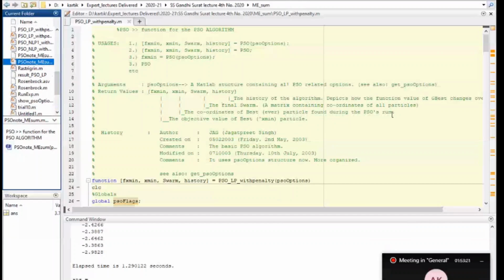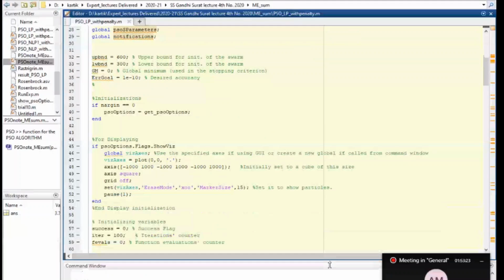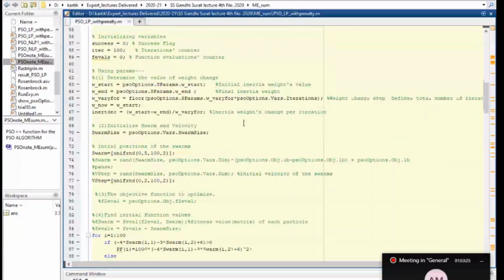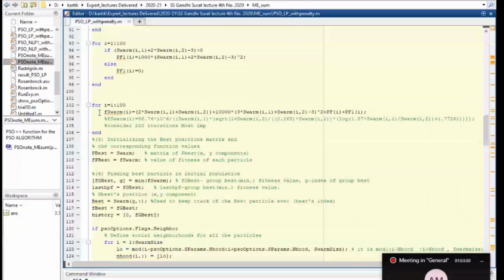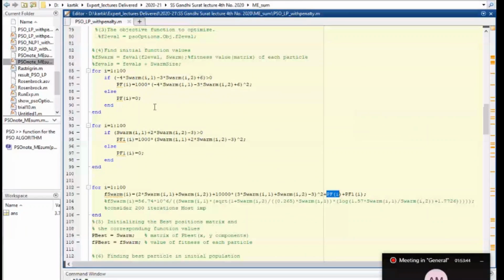In this case, I formulated this objective function, right? 2x1 plus x2 plus this is the equality constraint squared, then a penalty function 1.